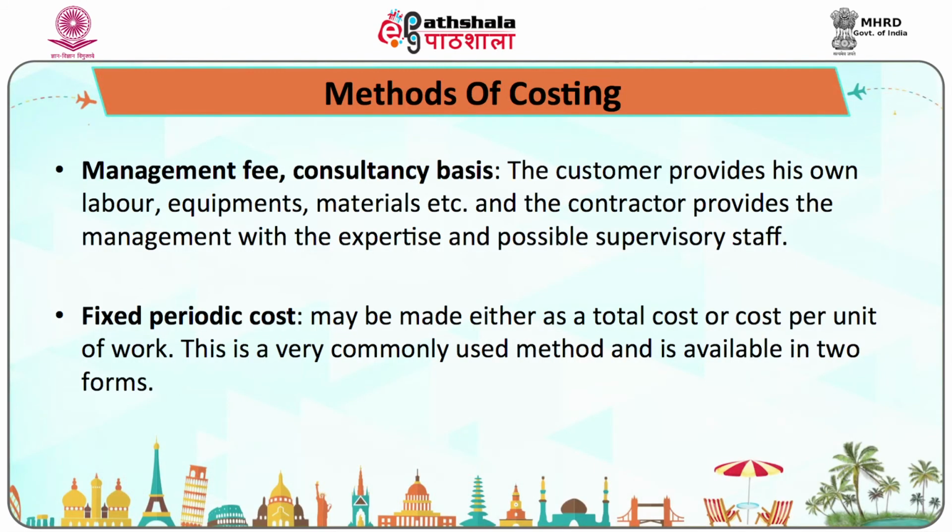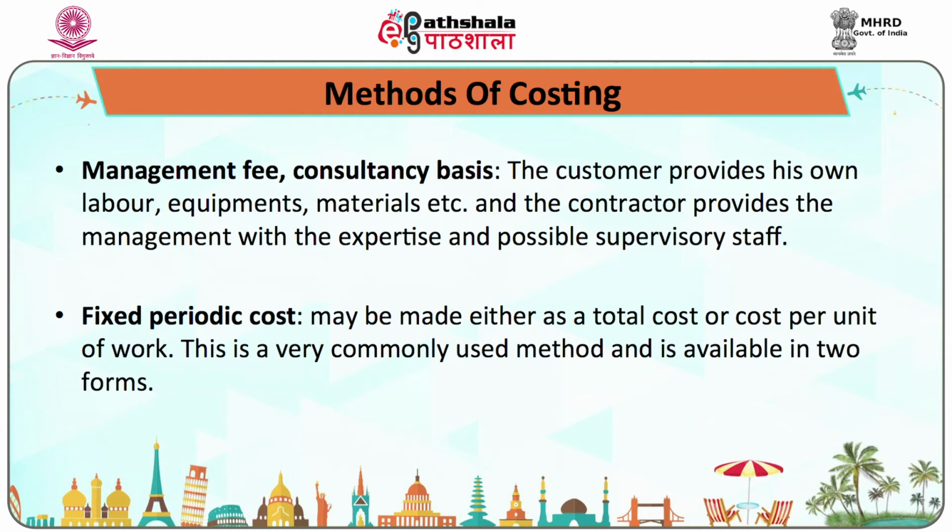Following are the methods used for contract costing. Number 1. Management fee or consultancy basis. The customer provides his own labor, equipment, materials, etc., and the contractor provides the management with the expertise and possible supervisory staff. Next is fixed periodic cost.